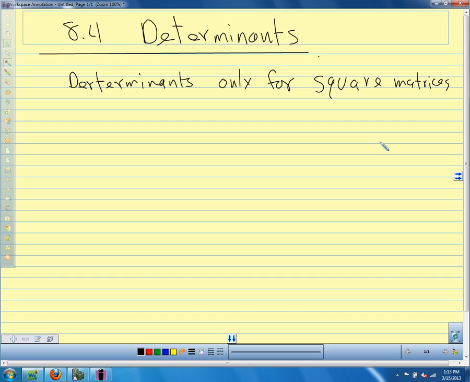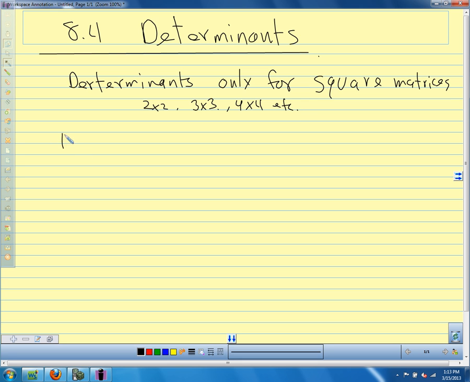If you put any other kind of matrix in your calculator and try to find a determinant, it's going to give you an error. And by square matrix, I mean 2 by 2, 3 by 3, 4 by 4, etc. So the matrix has to be square to find a determinant.